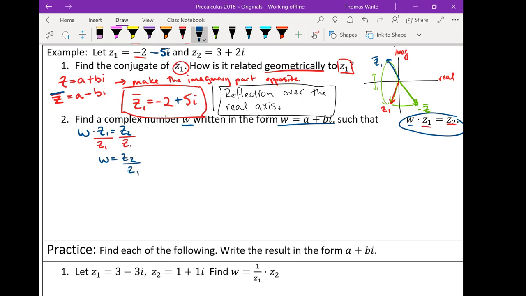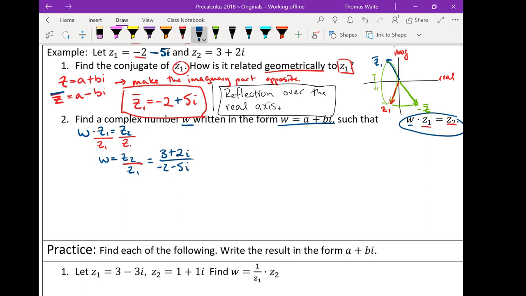So basically, to find out what w is, we're going to have to divide two complex numbers. All right, so I'm going to fill in our blanks here. z2 is 3 plus 2i, and z1 is negative 2 minus 5i.